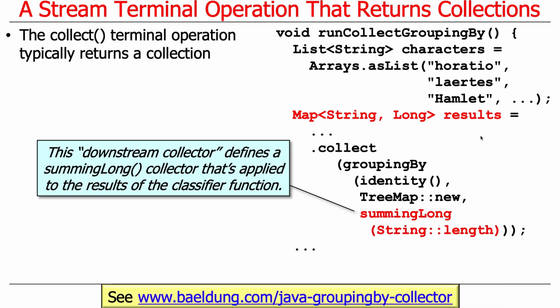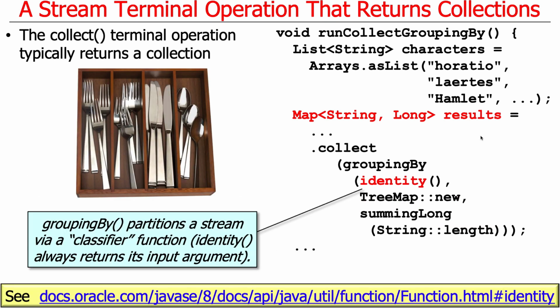And then the third and final parameter that's passed to grouping by is something called a downstream collector. What this does is it uses a particular built-in method called summing long, and it applies this to the results of the classification by the classifier function.